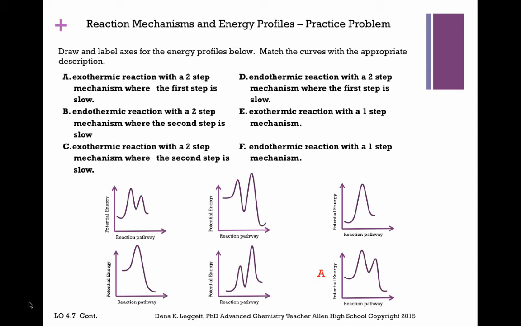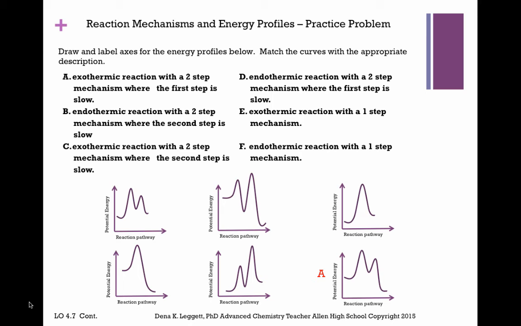It's exothermic because your products have lower energy. Lower energy means that your reactants need to release energy. The slow step is the one that's going to have the highest activation energy, because it's a bigger barrier to get over. And it's two steps because it has two humps.